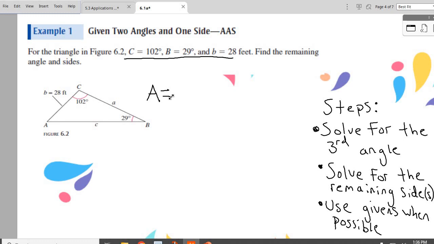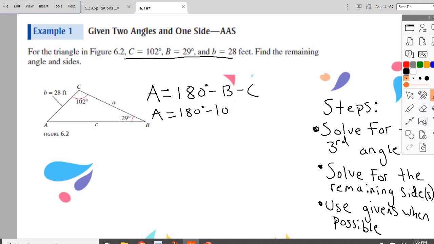So if I add all my angles together, then I get 180, which also means that if I have my two other angles, we can subtract those from 180, and it will give me my third. So in this case, we have 180 degrees minus 29 degrees, minus 102. And what do we get if we subtract those? 49. Alright.